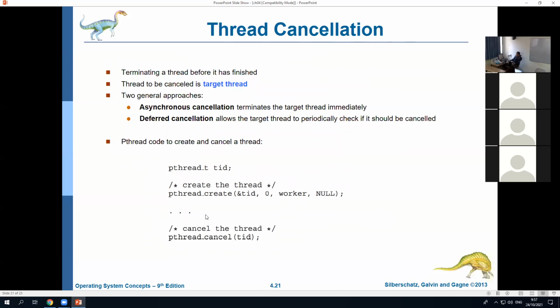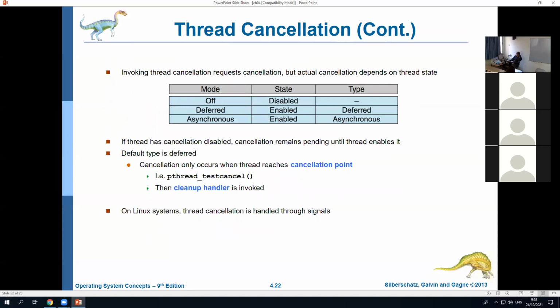Here you have pthread_cancel. That means to end a thread in the middle of its run, terminating a thread before it has finished. So I can cancel it based on this TID. A thread itself can say that it's going to ignore that cancellation request, and at a certain point it will accept it.